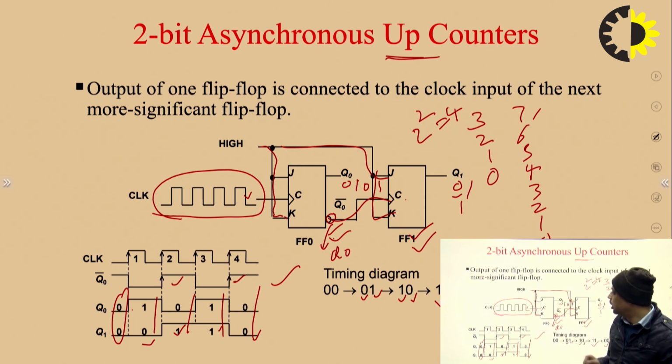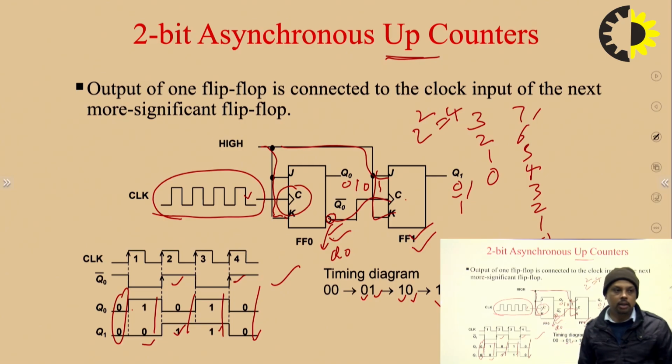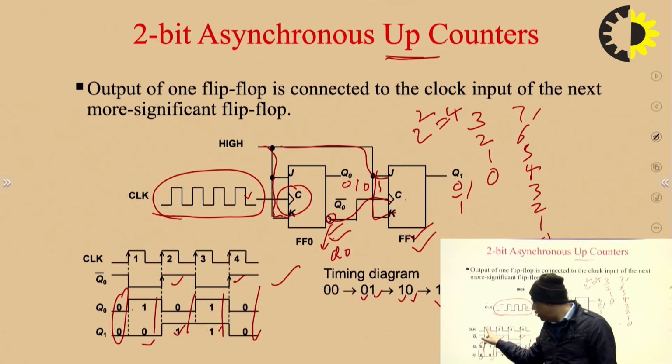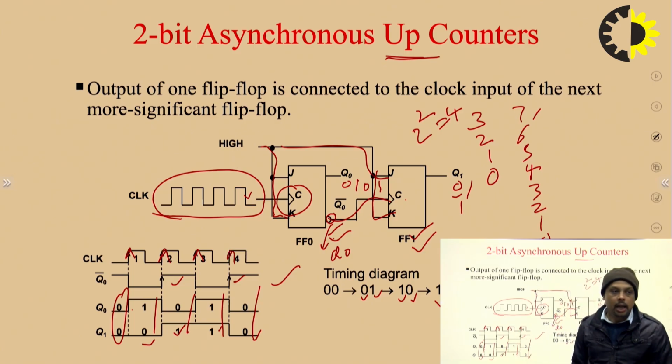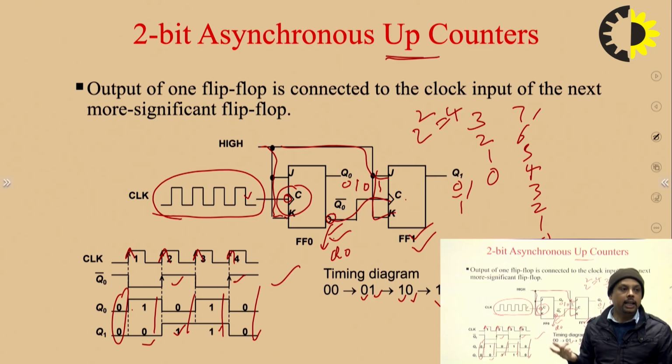One more thing, there is this symbol. This is known as the clock input. If there is no bubble, then the clock input is positive, meaning the triggering happens at the positive edge of the clock pulse, or first edge, or leading edge of the clock pulse. If it has a bubble over here, then it is known as negative edge triggering.